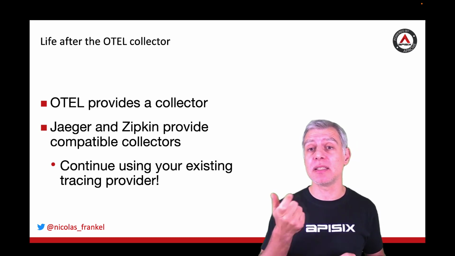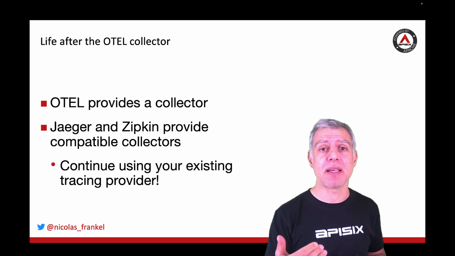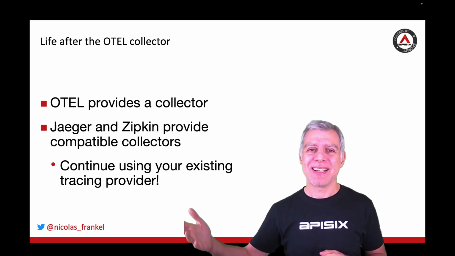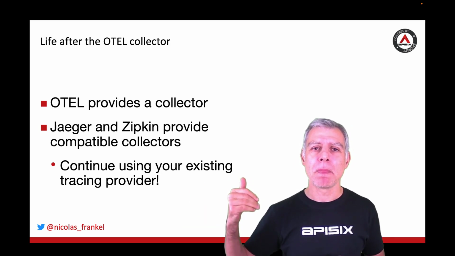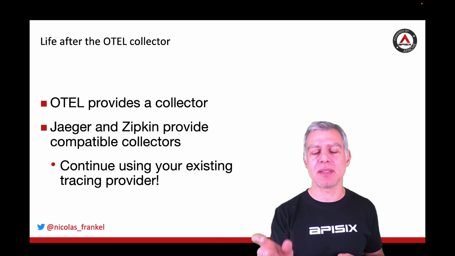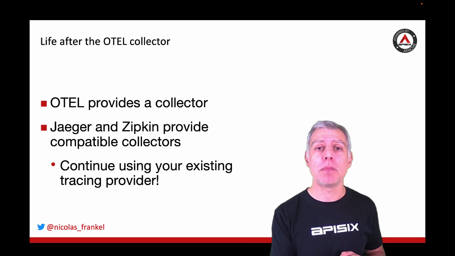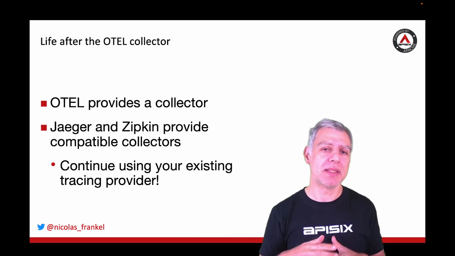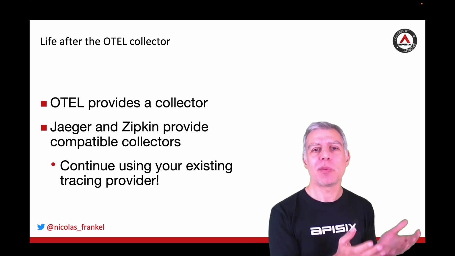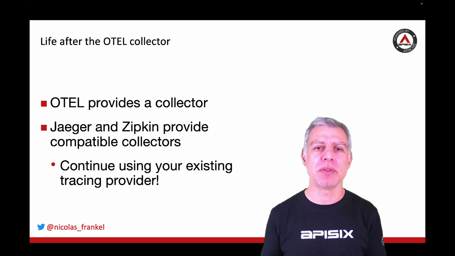OpenTelemetry provides a dedicated collector, but actually Jaeger and Zipkin, which are also tracing providers, also provide a collector which accepts OpenTelemetry data. So basically what they did, they kept the storage engine, and they added a new interface where you can send your data in OpenTelemetry format.